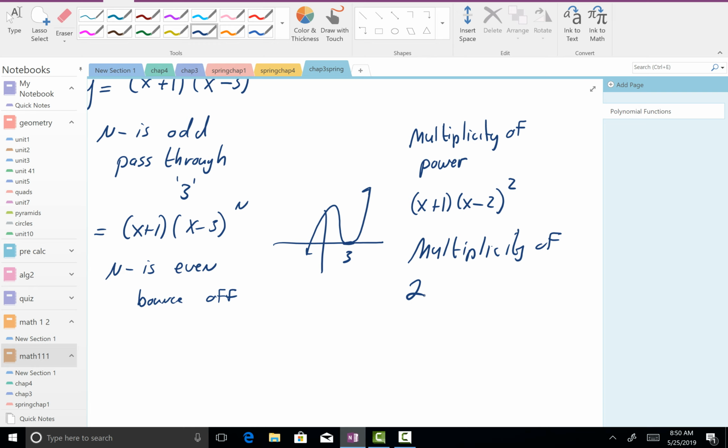So, for example, if we have something like this, I wouldn't know if that has a multiplicity or not. I can't tell. But as soon as I put it into factored form, if I could, then I would be able to tell.